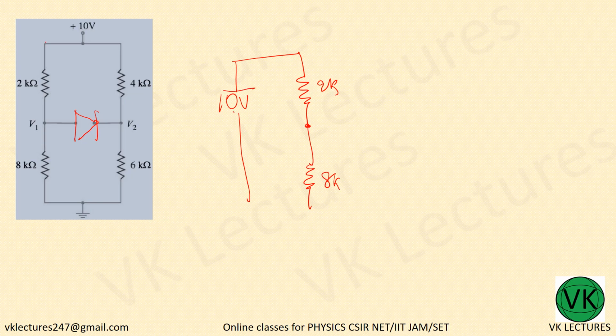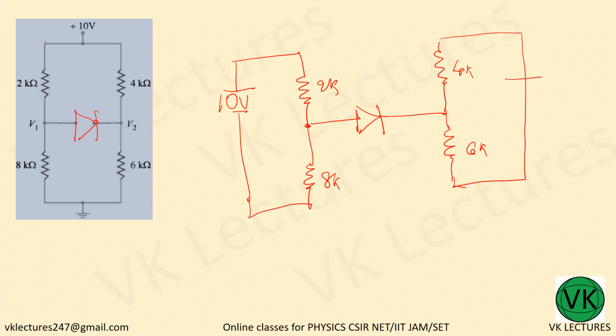This is the positive terminal, this is the negative terminal. It is being fed. Now you have a diode which is being placed. Similarly you have 4K here, and down you have 6K. This is how you can simplify the circuit.